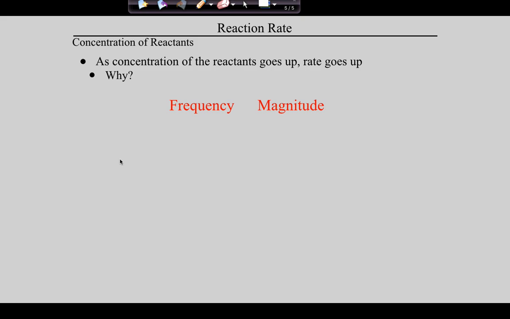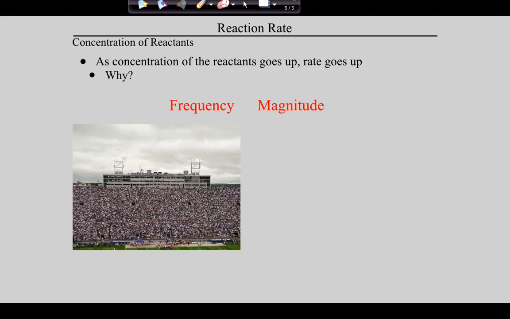So guys, let me share with you another analogy. Let me show you the difference between high and low concentration. And then the question that we're going to figure out is what happens to the collisions in both of these settings. So guys, high concentration. This is Cornhusker Stadium on any Saturday in October.